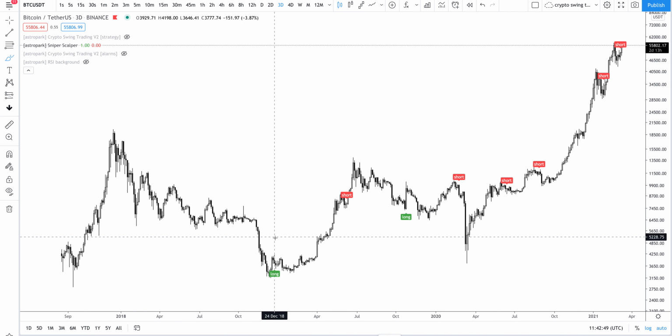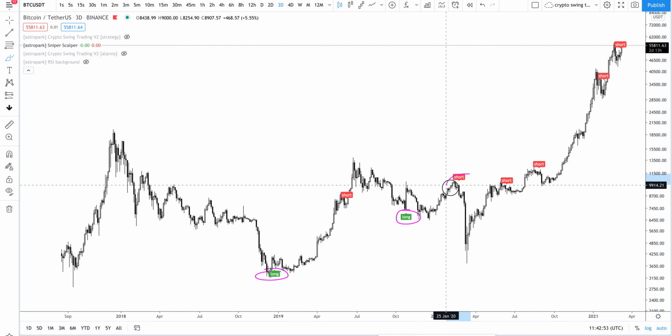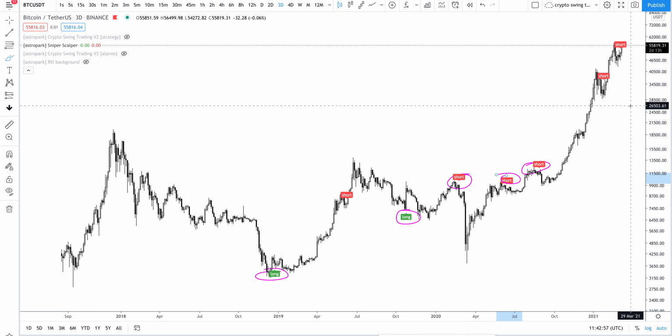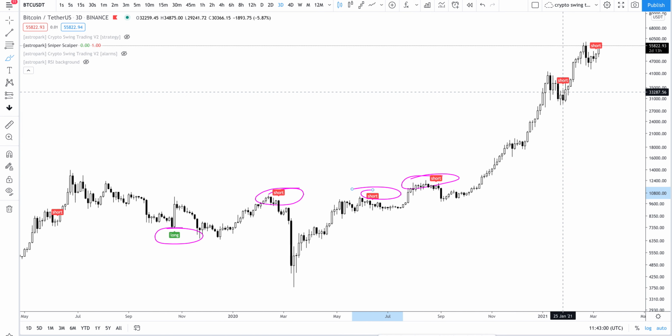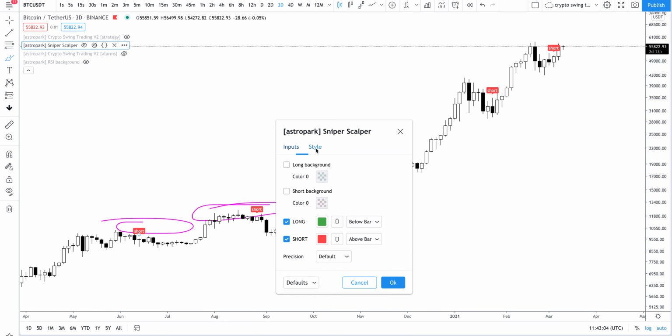Really some nice calls here. Again, you have some reason to go short. Here the short was, sorry, I like to have the background here.